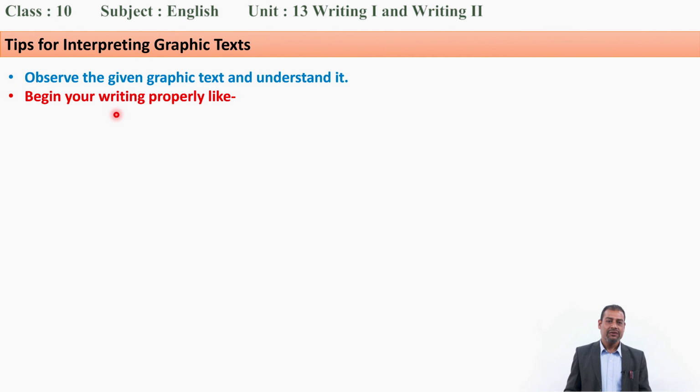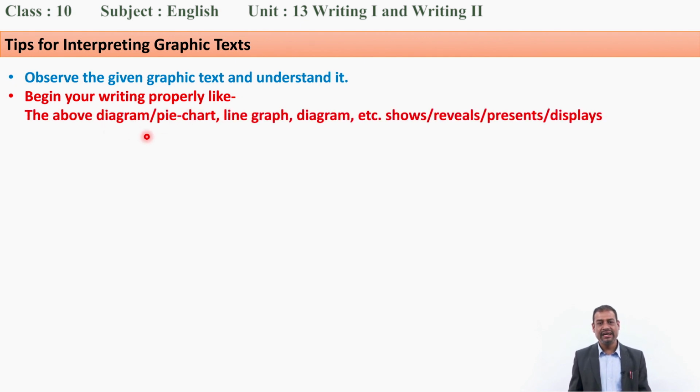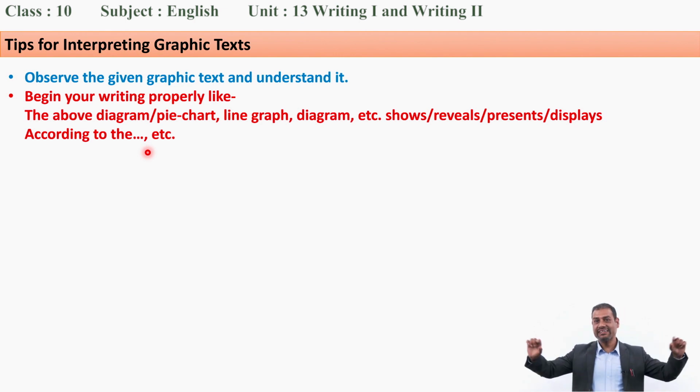Then begin your writing properly, like, see, the above diagram, pie chart, line graph, etc. shows. You can use this sort of words: shows, reveals, presents, displays, illustrates. There are many words which you can prefer yourself. Or you can say, according to the given chart, bar graph, pie chart, line graph.